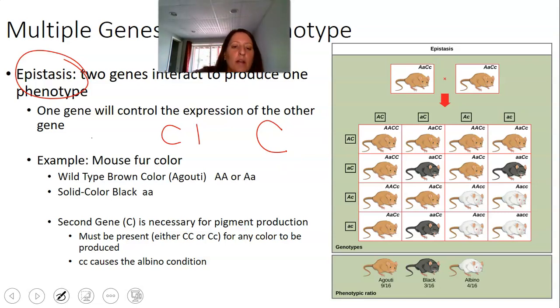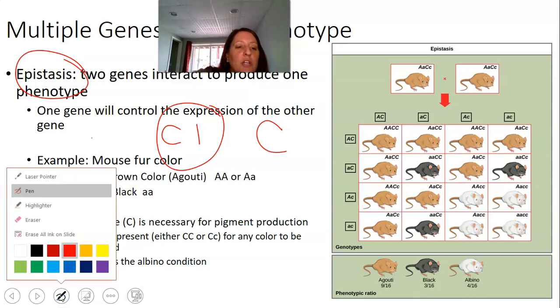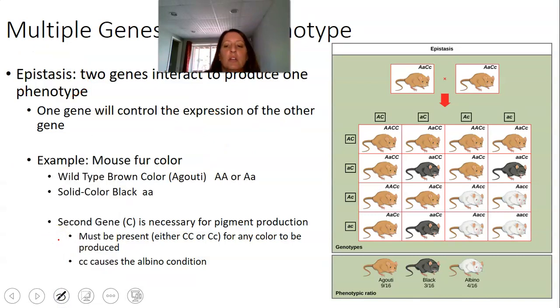And the C1 is called the color inhibitor allele. So if C1 is present, there will not be any color in the aleurone of the corn, and so the kernel will appear yellow. Okay, so again, you're going to get that in lab. So that C1 gene controls the expression of the color gene. So that's called epistasis. We would say that that C1 gene is epistatic to the color gene.